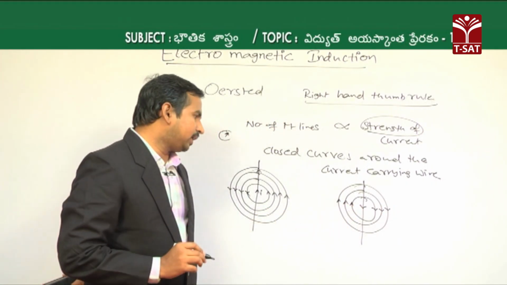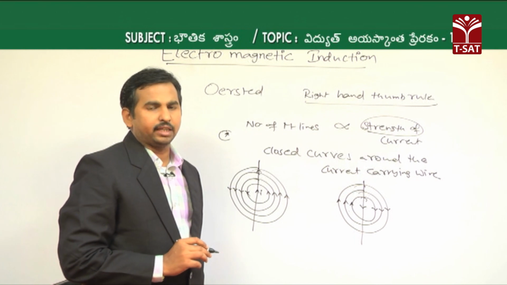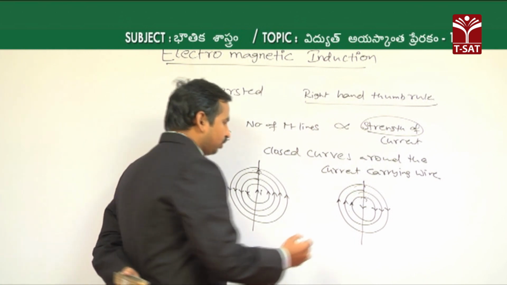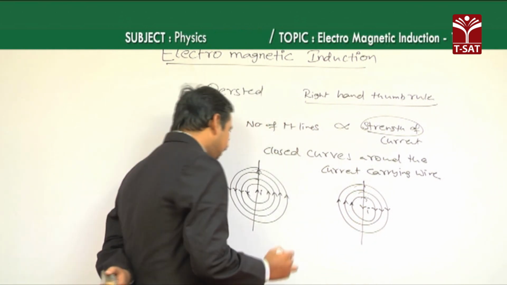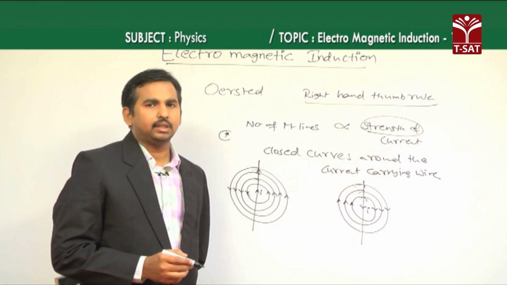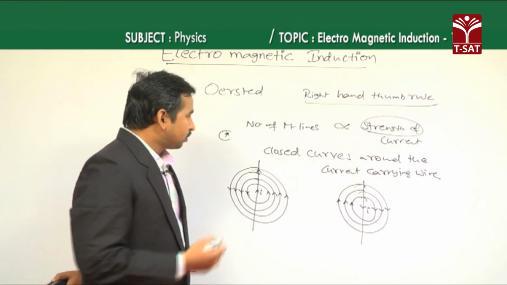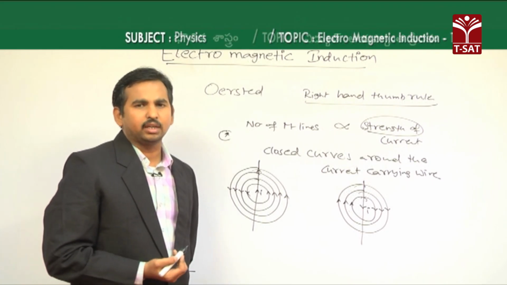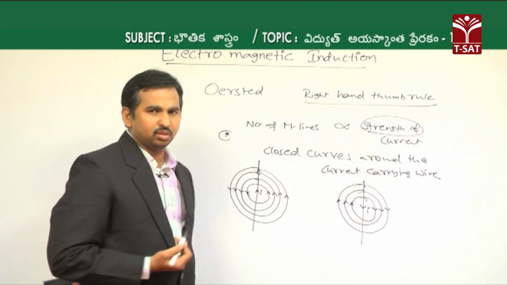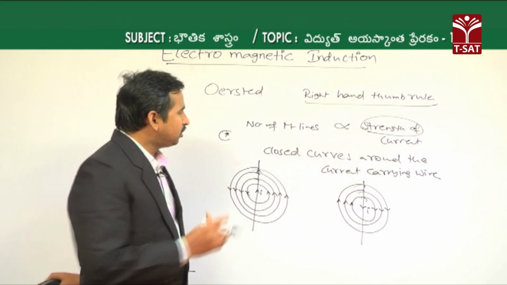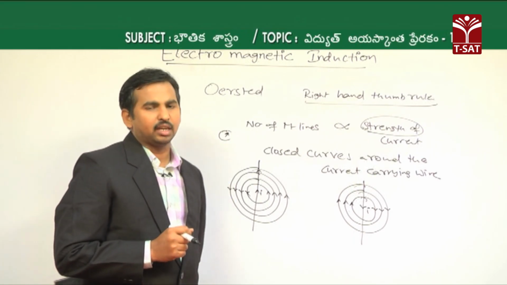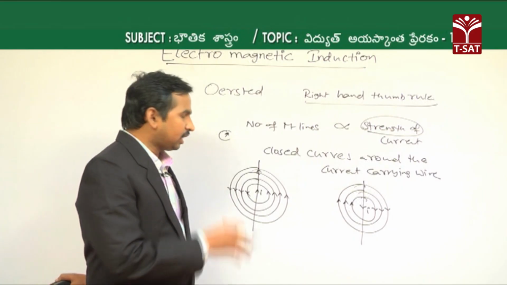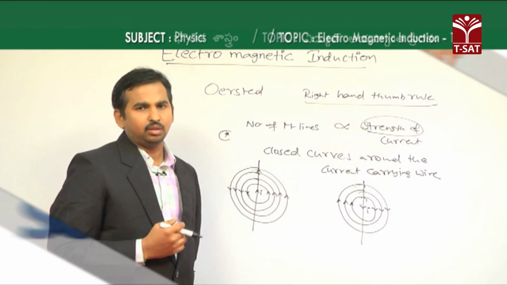Like this we get the direction of magnetic lines of forces for the downward direction and the upward direction. If you increase the current more and more, gradually the number of magnetic lines around it also increases. These are the properties of magnetic lines of forces present around a straight conducting wire.